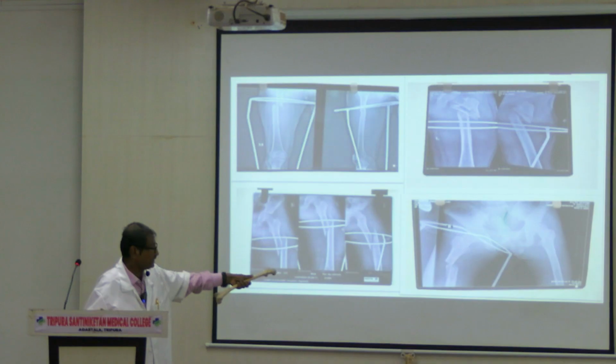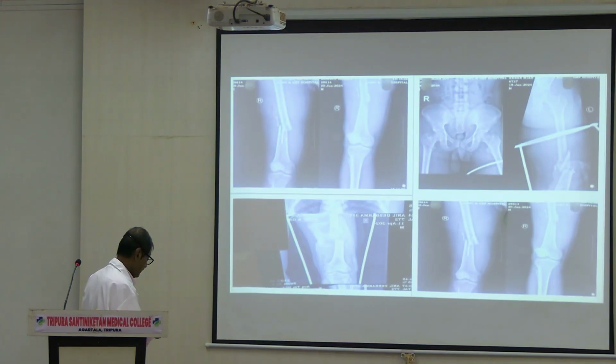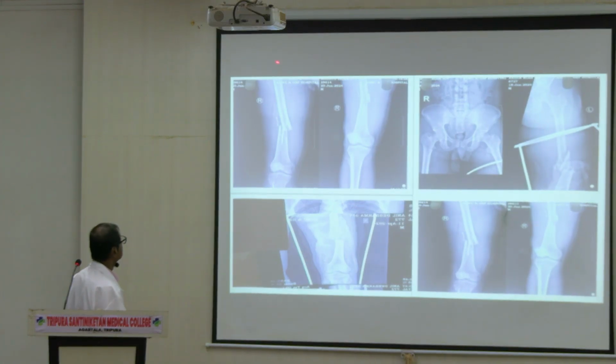This is also a transverse fracture along with a small fragment. This is one fragment, this is another, and there is another fragment here. You see, this is a comminuted fracture. Here the Thomas splint is not given.